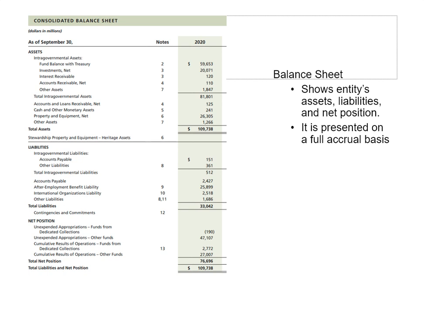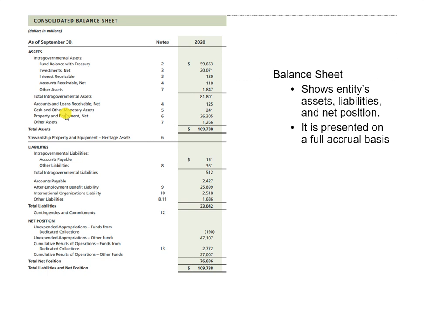So let's talk about the balance sheet. As of 2020, the largest asset is fund balance with Treasury, followed by PP&E assets. The Department of State has a lot of properties globally. And also the Department of State has a few agencies that own a lot of vehicles and aircraft.